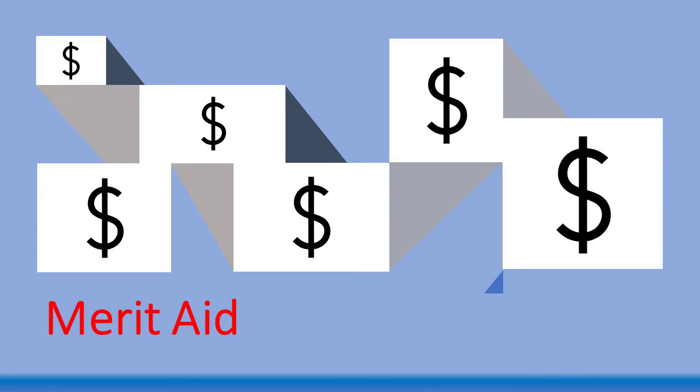Then I'm just going to show two last examples of why it's so important to think about merit aid when your student is in school, because these next two financial aid packages actually both have a 0 EFC. They're both from the same school, so basically they're getting the same kind of aid.